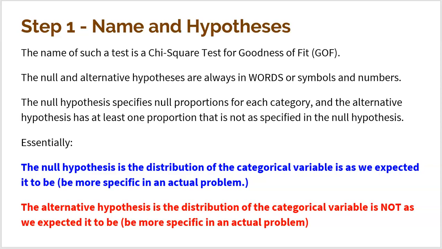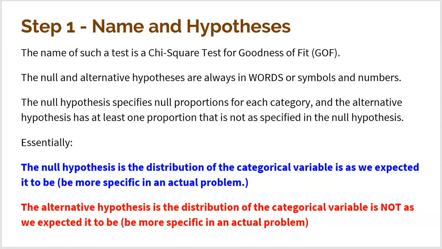Now, the null and the alternative hypotheses that we have seen so many times before are all words here, no symbols, no numbers. So the null hypothesis specifies the null proportion for each category, right? And the alternative hypothesis, at least one proportion is not specified in the null hypothesis. Let me backtrack for 1 second.